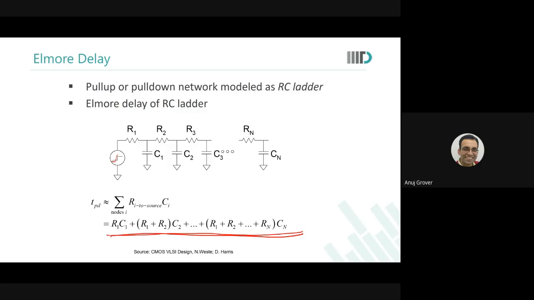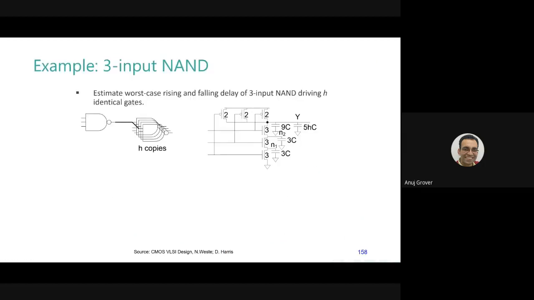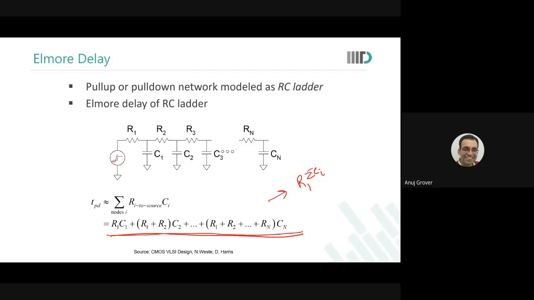So if we want to write it in a different way, we can also say that the delay is R1 into sigma of all Ci after it. Because of R1 C1, R2 C2, up to Cn, whatever Ci come after it, R1 sees that entire load. R2 sees C2 onwards, R3 sees C3 onwards. Okay?